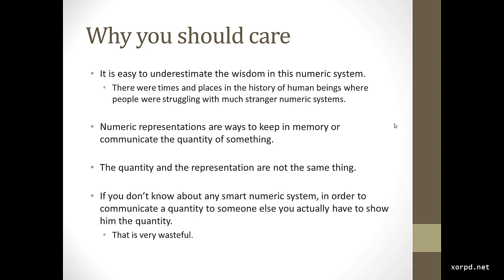What it actually means is that the quantity is something in the real world. There are some objects that we want to count somehow. Then we have a way to represent the amount of the objects, and this is the representation. If there are many grains of sand somewhere, and we manage to count them, then we could somehow represent the amount of grains of sand on a piece of paper.